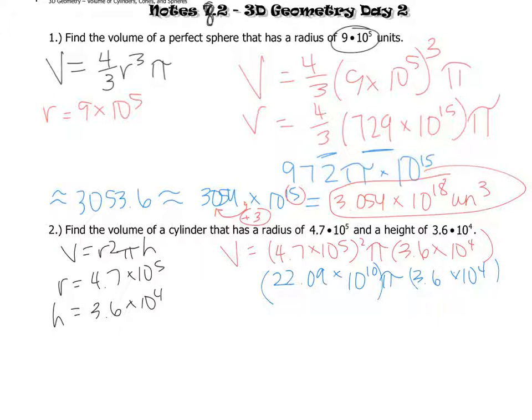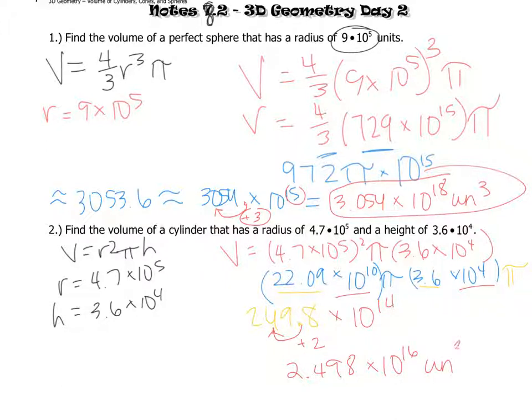And 22.09 times 3.6 times our pi is approximately 249.8. We're going to round to 1 decimal place. And then we have 10 to the 10th and 10 to the 4th, which is 10 to the 14th. We need to make this proper scientific notation, so we're going to add 2. So it becomes 2.498 times 10 to the 16th units cubed.